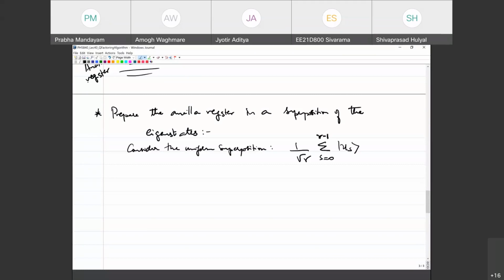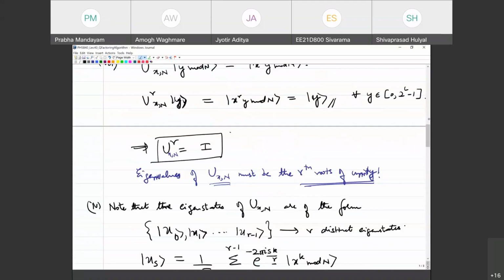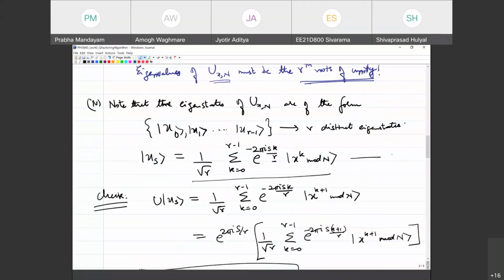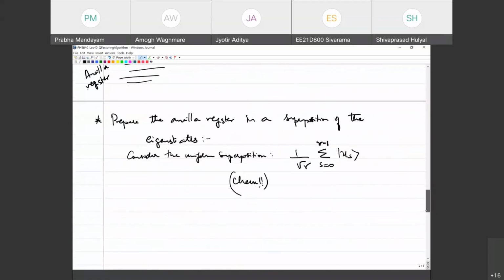Now it is left for you to check that if you plug in this expression, which involves summing over all these exponential phases, using this expression star down there, and you run the superposition over all these x to the k mod N, with k running from 0 to r minus 1, then you can show that this is actually simply equal to a single computational basis state, the ket 1.